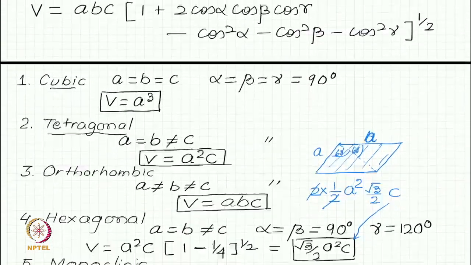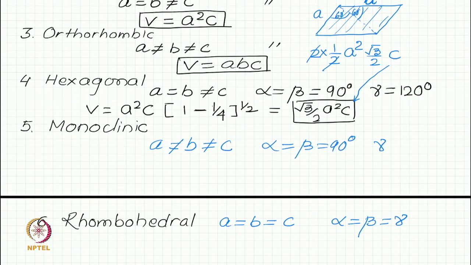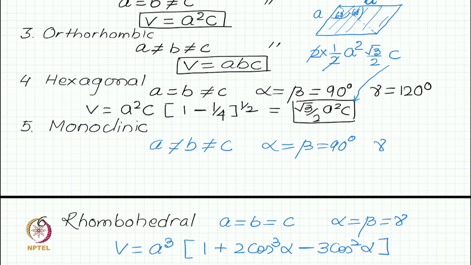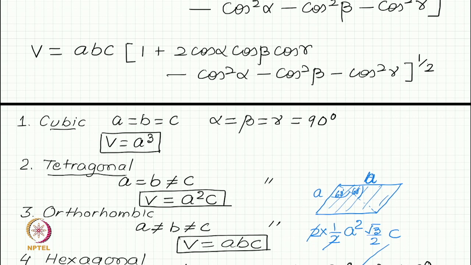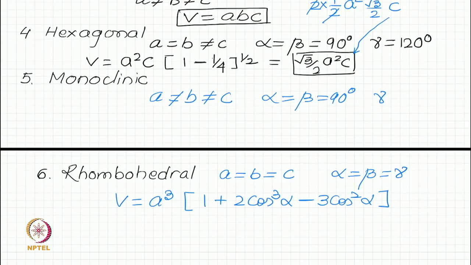So, if we apply the formula, you will get V is equal to A cube, square root of 1 plus 2 cos cube alpha minus 3 cos square alpha.